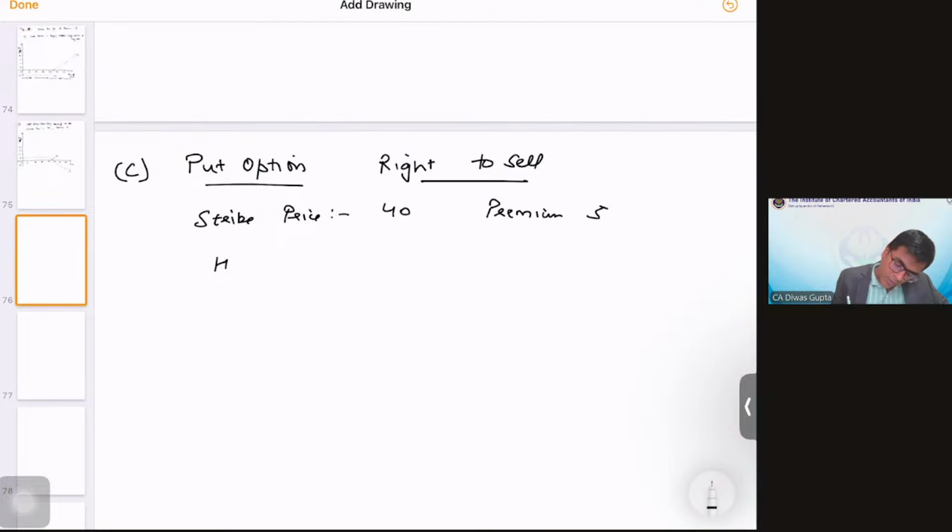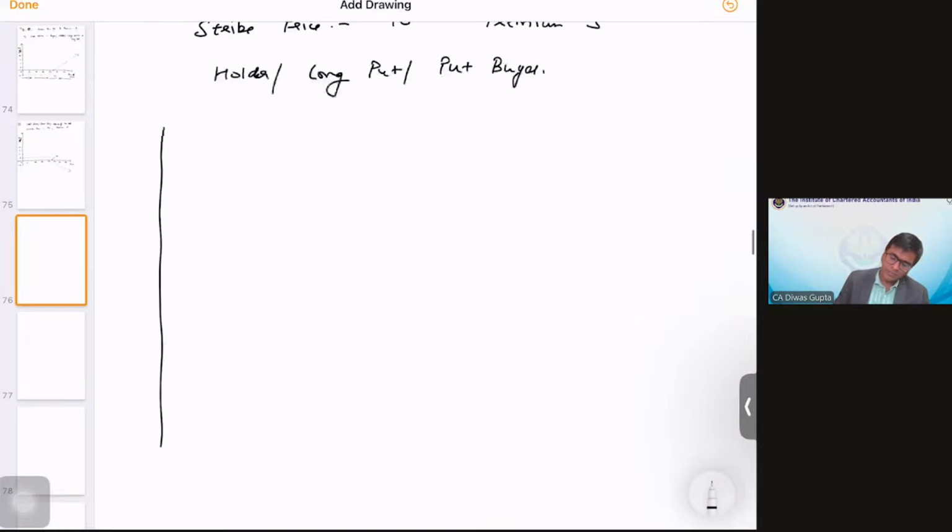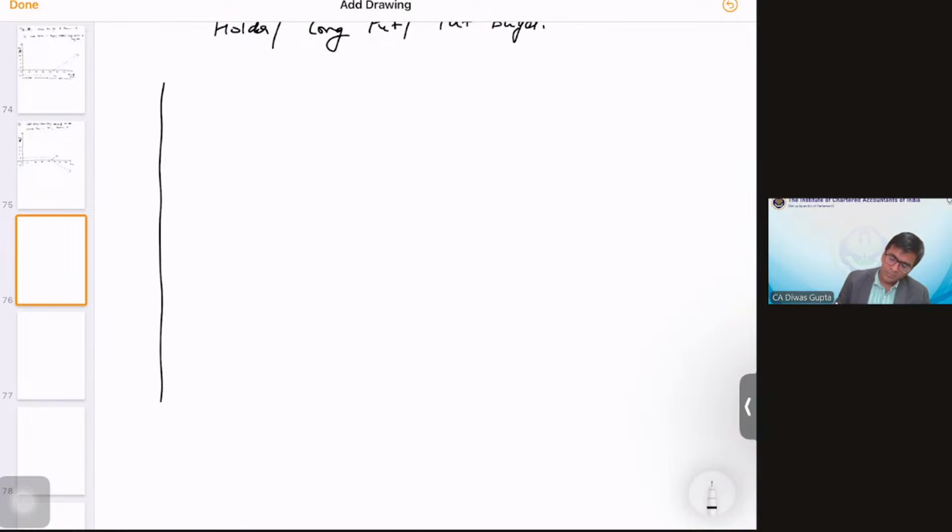We are talking about this from the perspective of the holder, the one who is long the put, that means who is entering into the long position of the put, the put buyer, right? Again, the same thing.